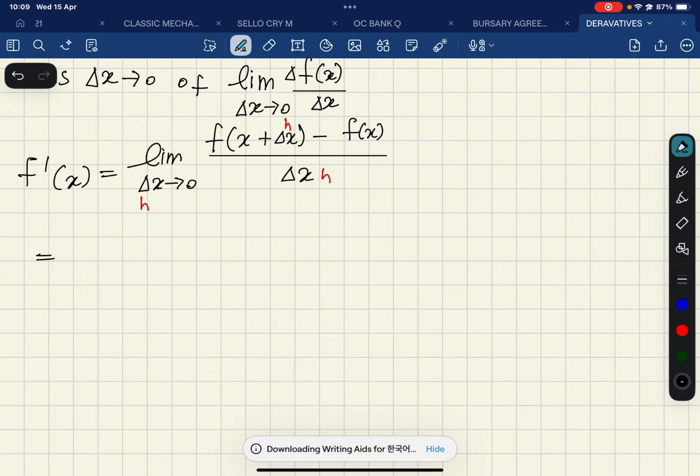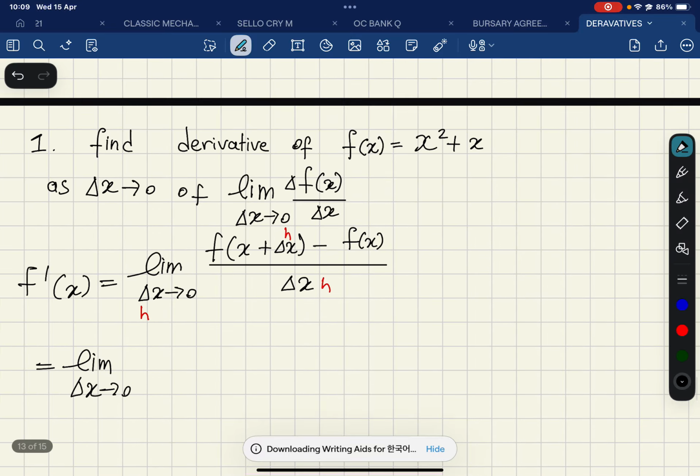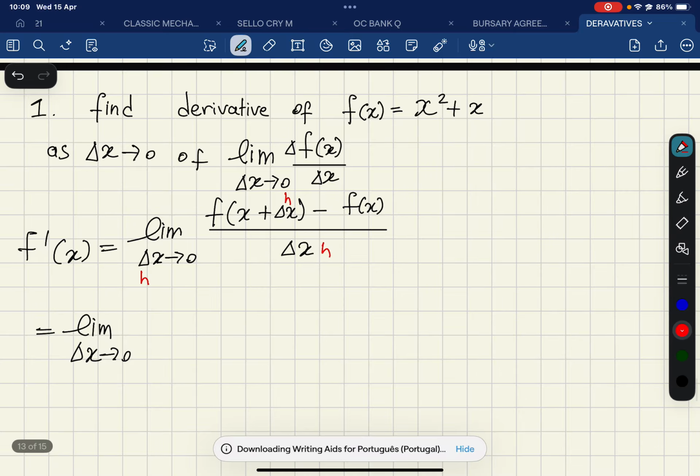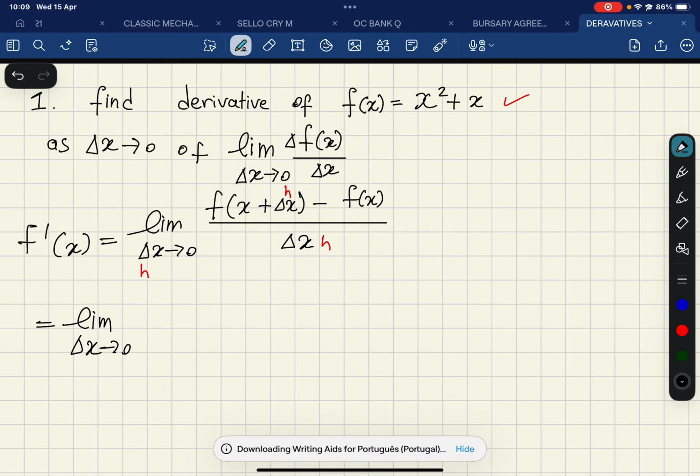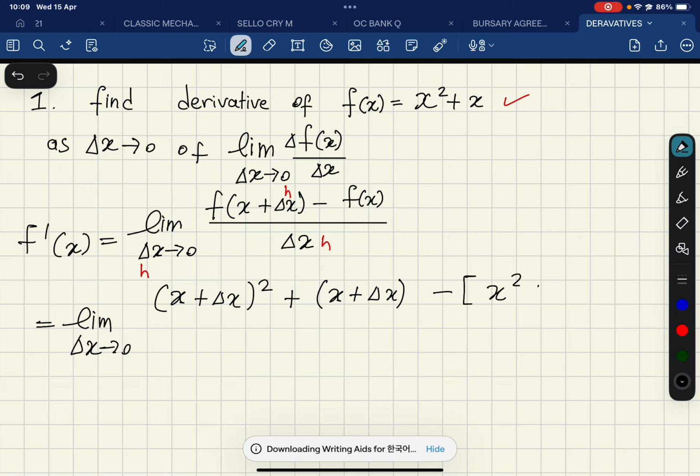Where we see x, we are going to add change in x, from this equation. So from there, I will have x plus the change in x, all squared, plus I still have the x plus the change in x. Then I say minus my f of x, which is x squared plus x.